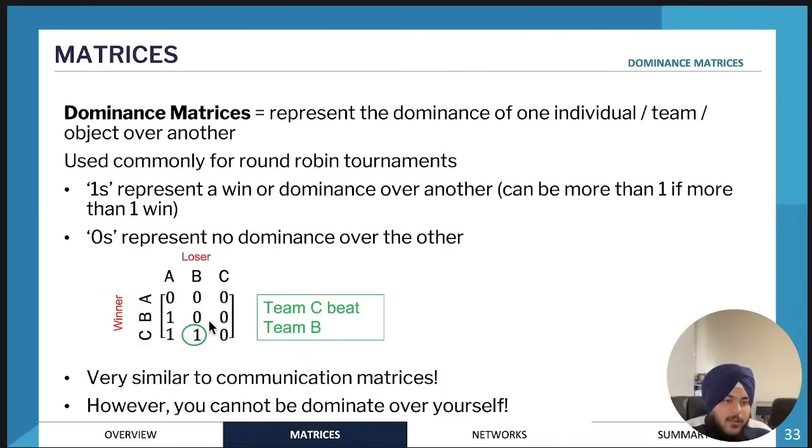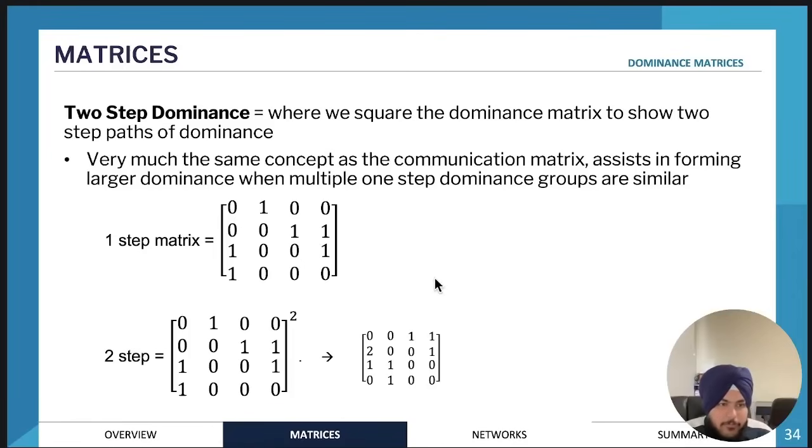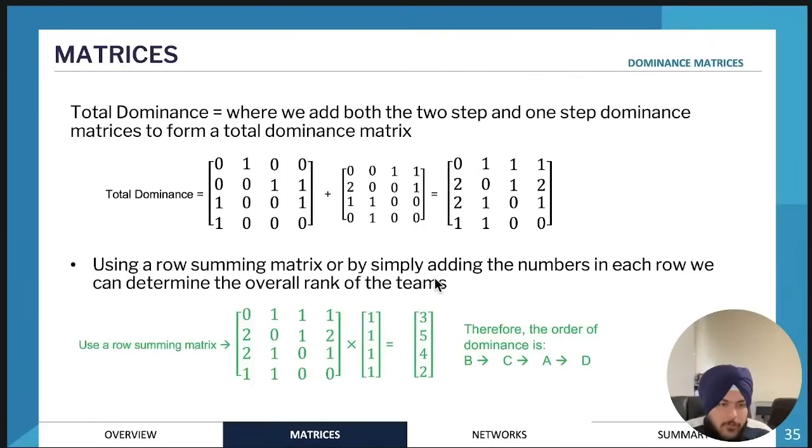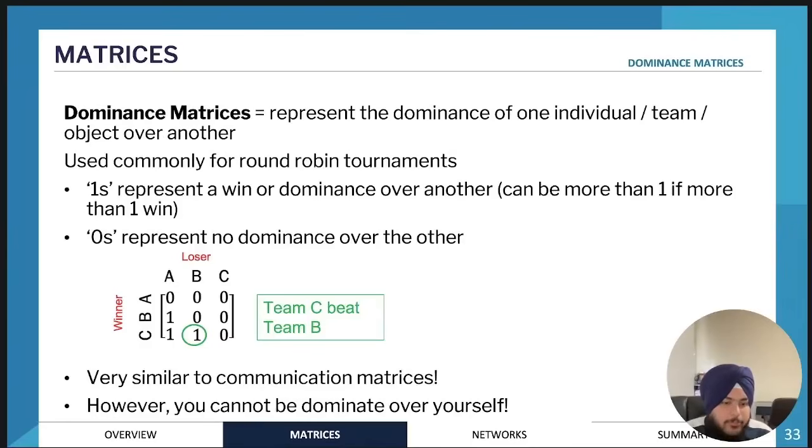So if there's a 0 here, what that means is if B is versing C, B is going to lose and C is going to win. So that's how you would interpret this type of matrix. So very similar to communication matrices, but just get really used to the headings and what they mean.